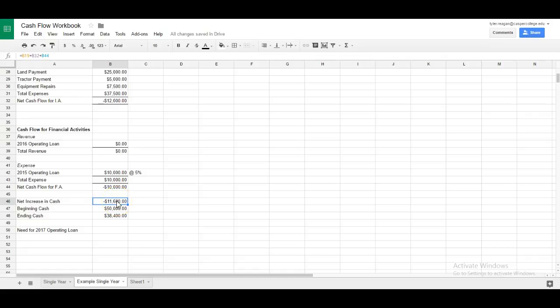Based on the numbers that we have, it's a negative increase in cash. This could be a very real scenario, and it really is in a lot of farming operations. Sometimes they don't make any money. They actually have a net decrease in cash, or their net increase in cash is negative. They make no money and they actually lose money on certain years.